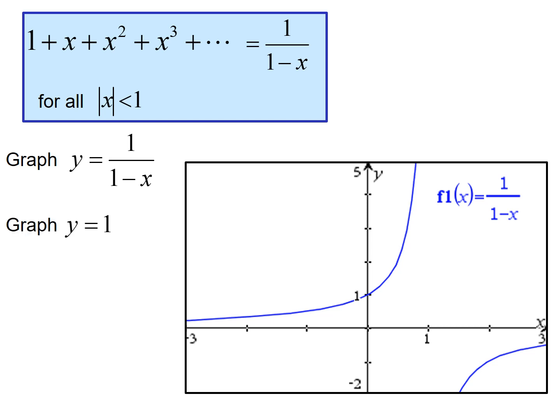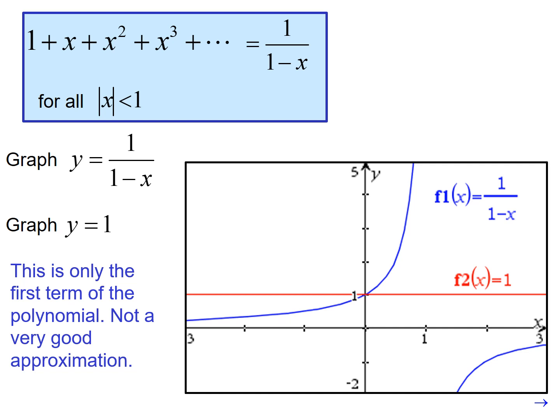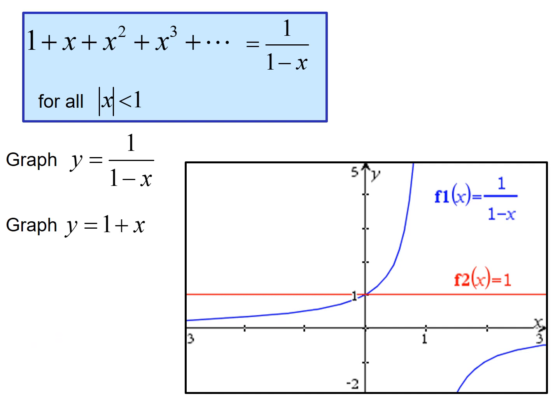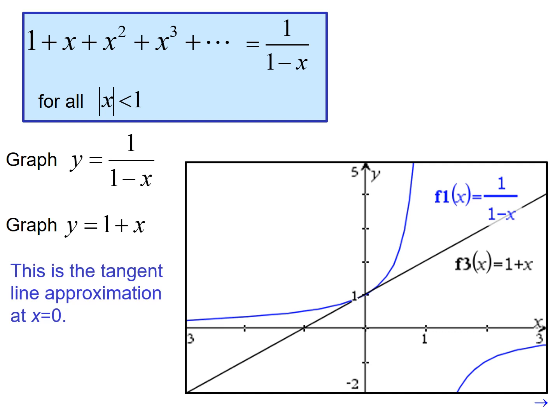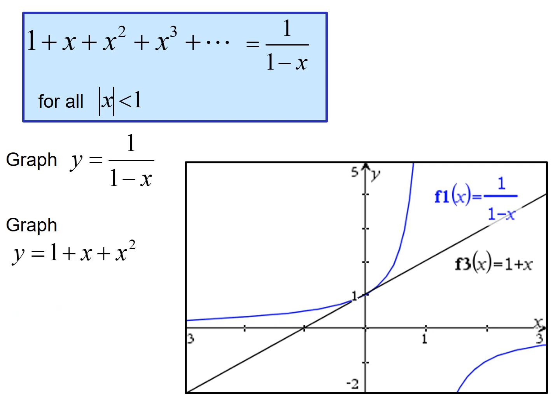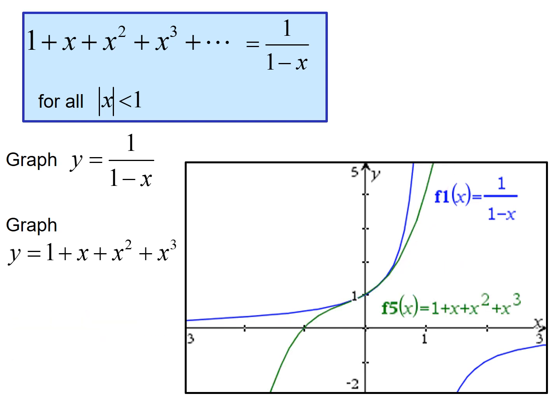So if we start with that very first term, now we wouldn't expect this to be very good. That's equal only right there at x equals 0. If we graph the first two terms, there's our tangent line. If we graph the first three terms, that gets a little bit better. The first four terms is even better.